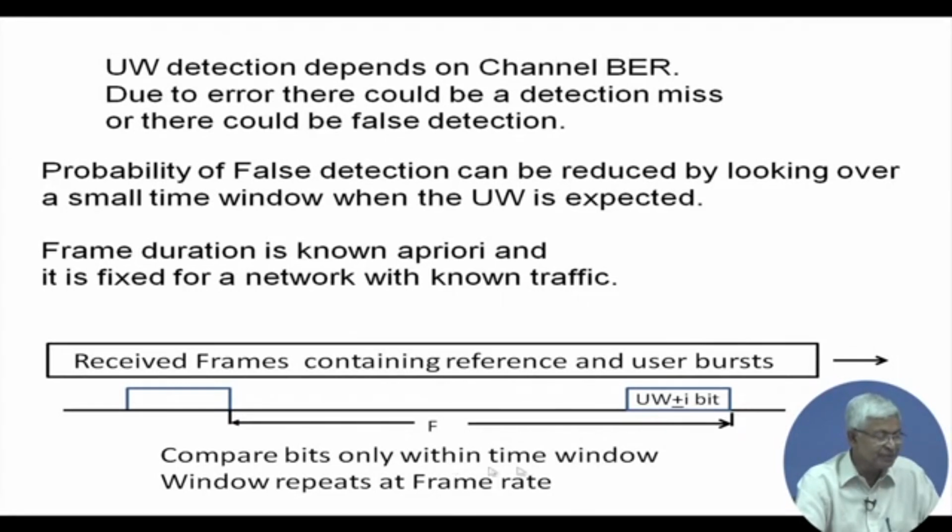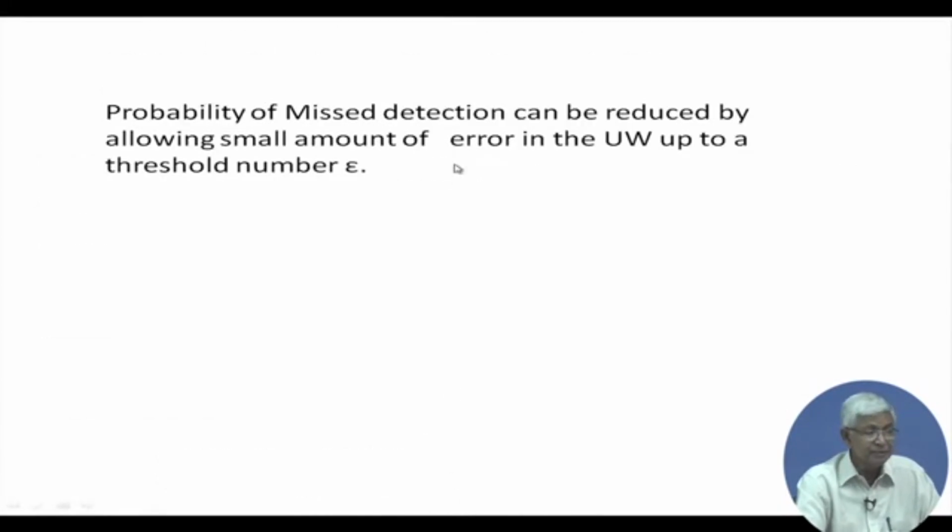So, compare bits within the time window only, and the window repeats at the frame rate. The probability of false detection is reduced by the aperture technique, and the probability of misdetection can be reduced by tolerating some errors. So, I allow some amount of error in the Unicode up to a threshold, let us say epsilon.